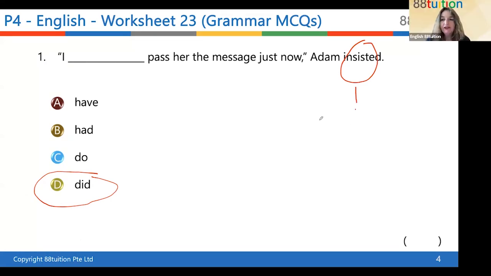Okay, good answer. What happens is we use did when we want to emphasize. So Adam is insisting. Somebody said to Adam, you didn't pass the message to her. And he said, I did pass the message to her. So he's emphasizing he did something.